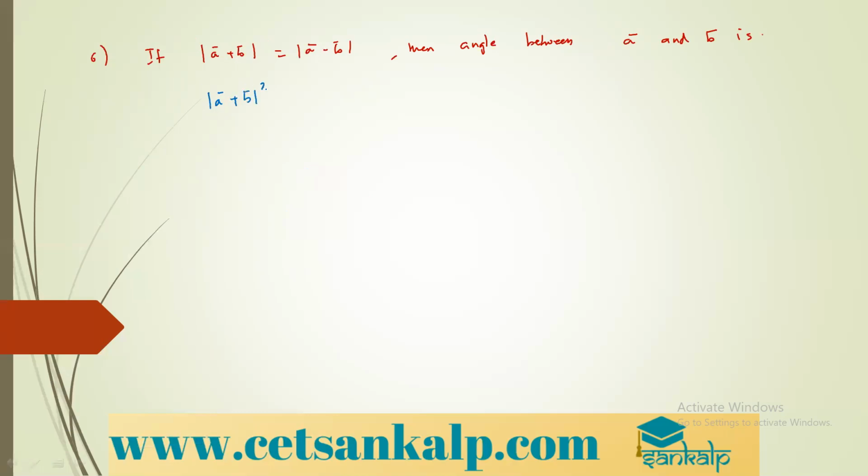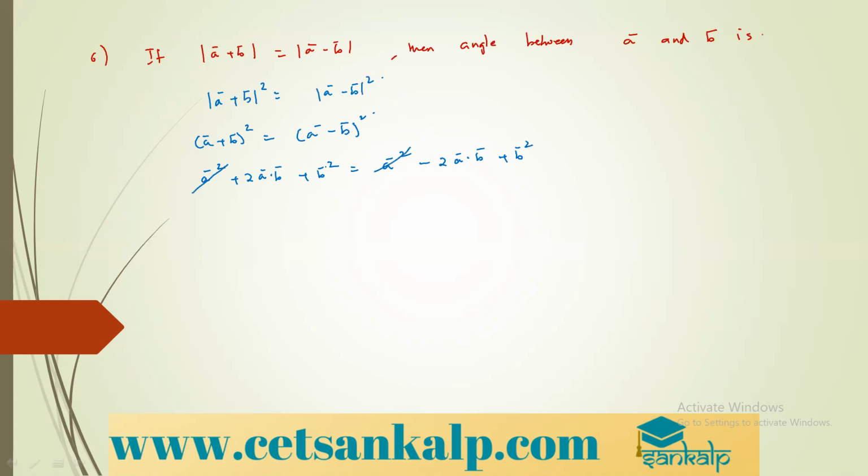Magnitude of a plus b square equal to magnitude of a minus b square, or a square plus 2 times a dot b plus b square equal to a square minus 2 times a dot b plus b square.